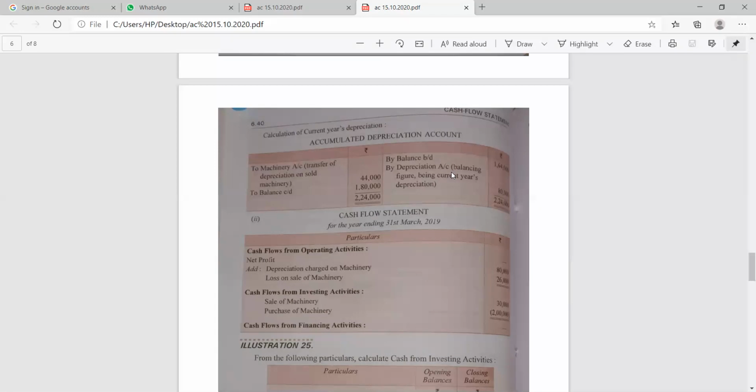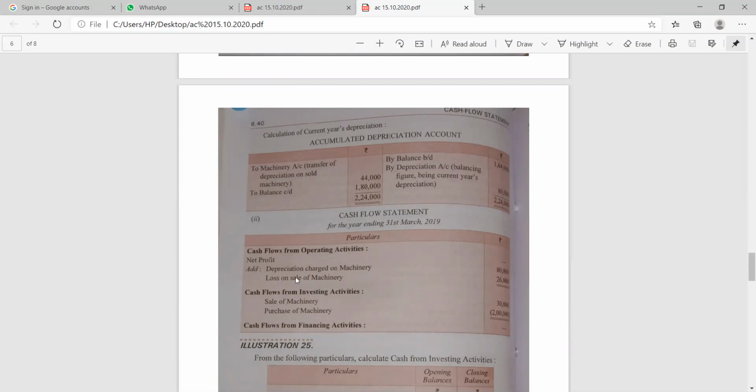The current year depreciation is shown on the credit side of accumulated depreciation account, and it is treated in operating activities, and accumulated depreciation on any machinery or asset sold is shown on the debit side of accumulated depreciation account. Please don't get confused between these two types of accumulated depreciation.